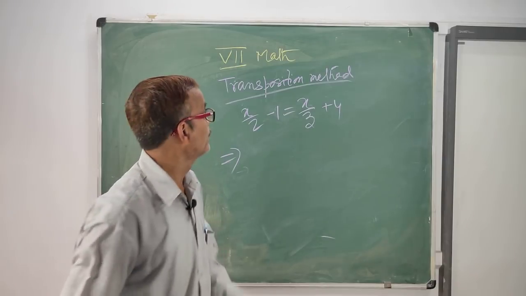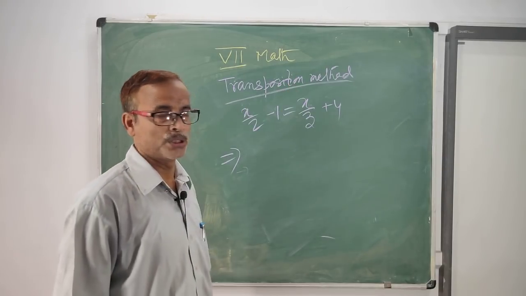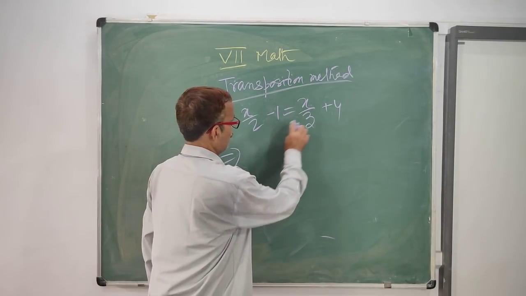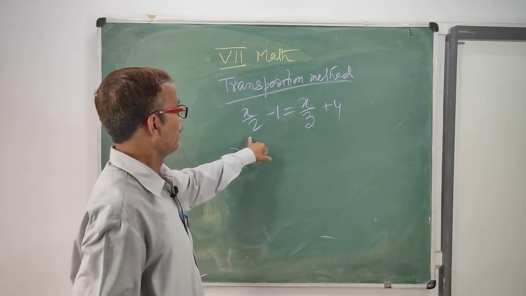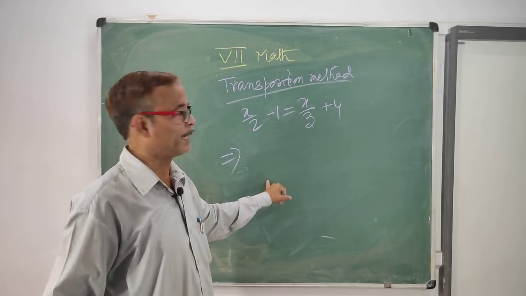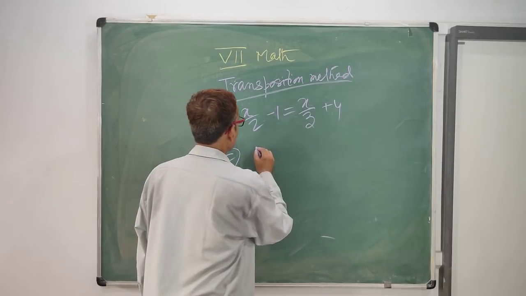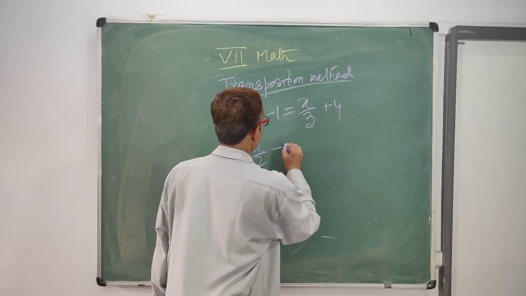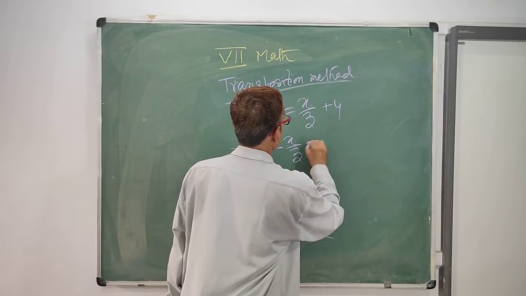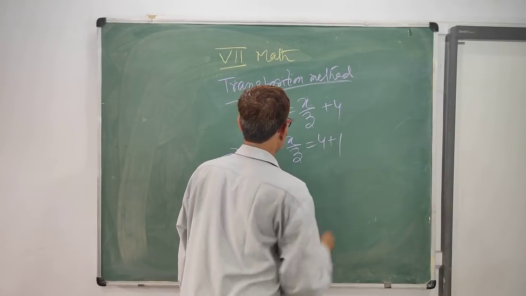What is your aim? This method is the transposition method. Here you always keep the variable related terms on one side and the constant terms on the other side. So here x by 2 minus x by 3 equal to 4 plus 1.